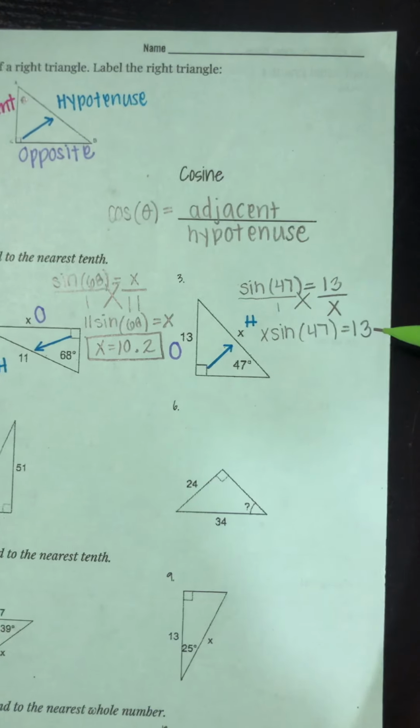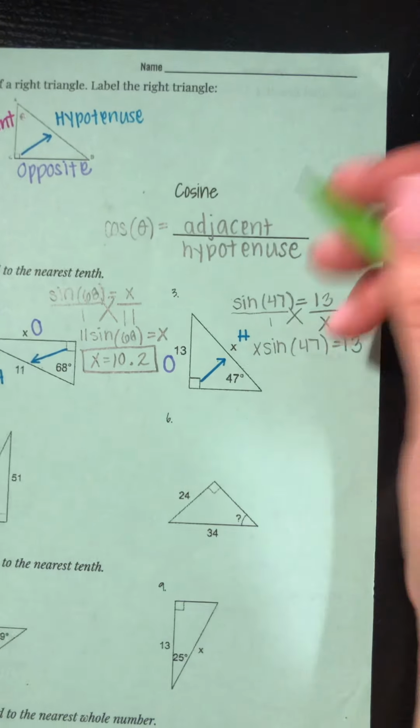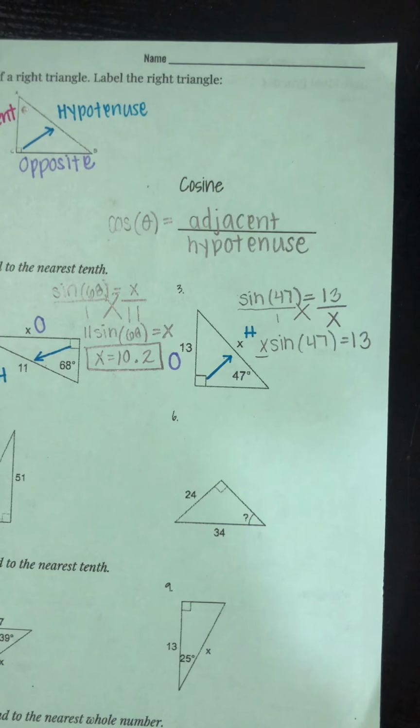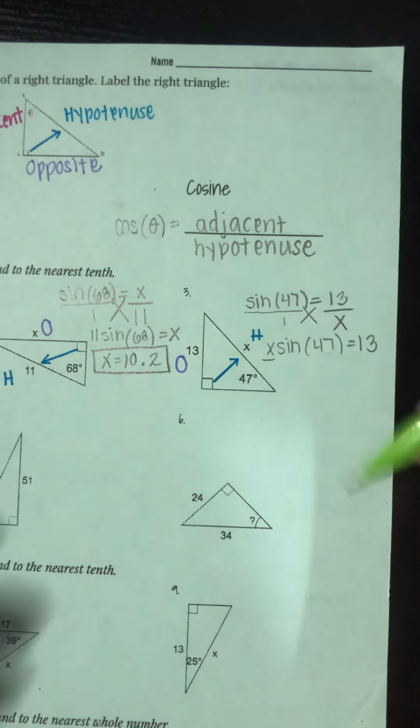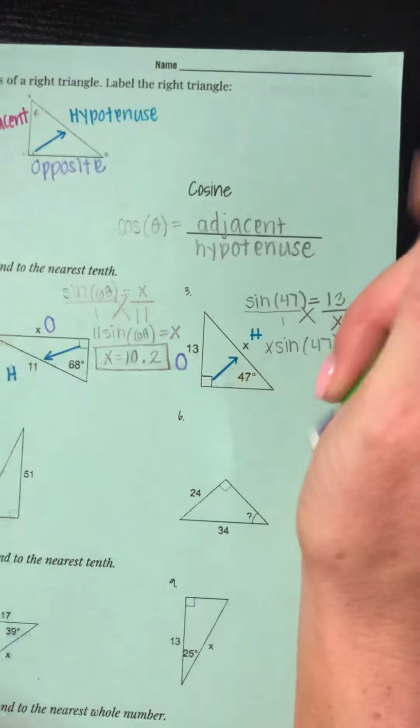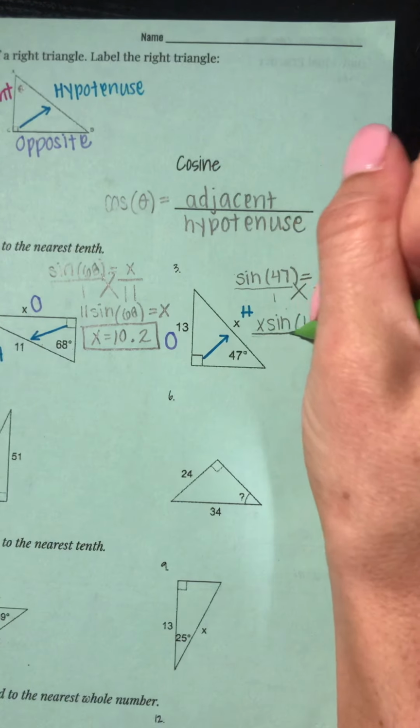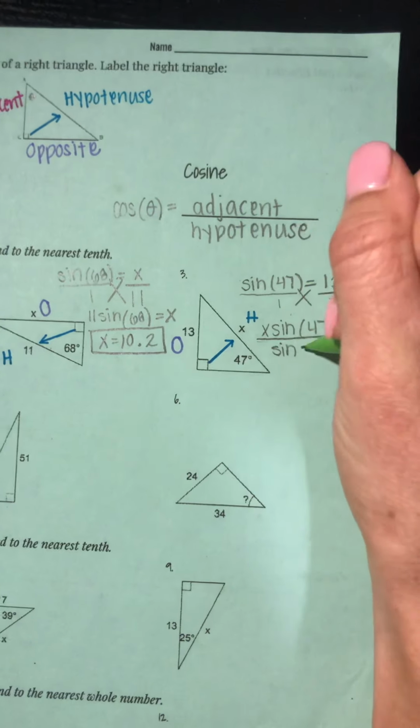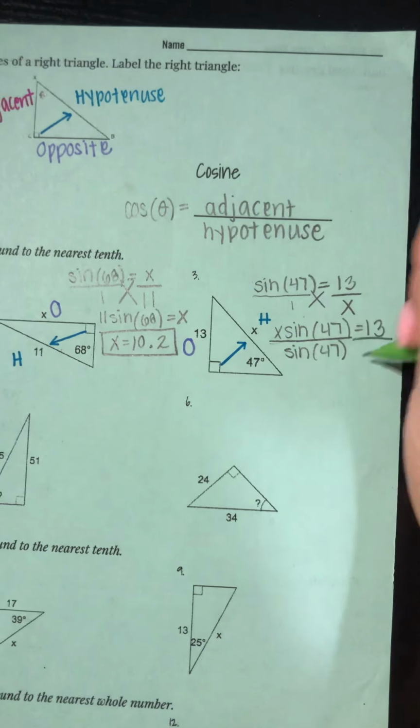So I can't type this in my calculator yet because I don't have x by itself. So since x is being multiplied with sine of 47, you need to do the opposite, which is divide by sine of 47 on both sides.